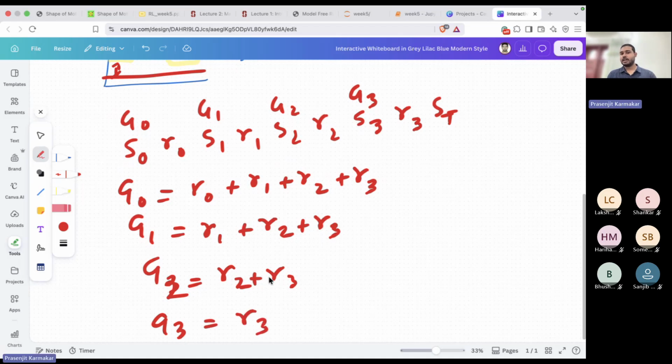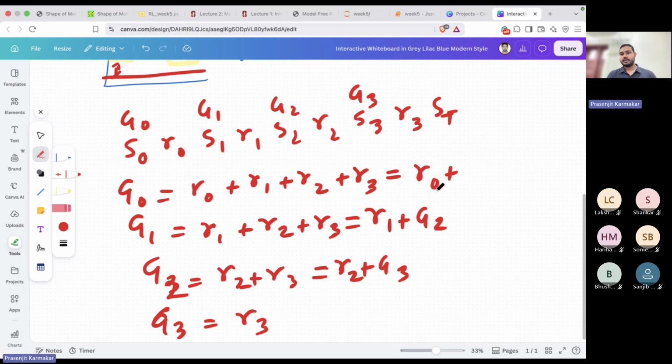Now see, a recursive pattern occurs. So let's assume this is the terminal state, G3. This one can be written as R2 plus G3. This can be written as R1 plus G2. And this can be written as R0 plus G1.